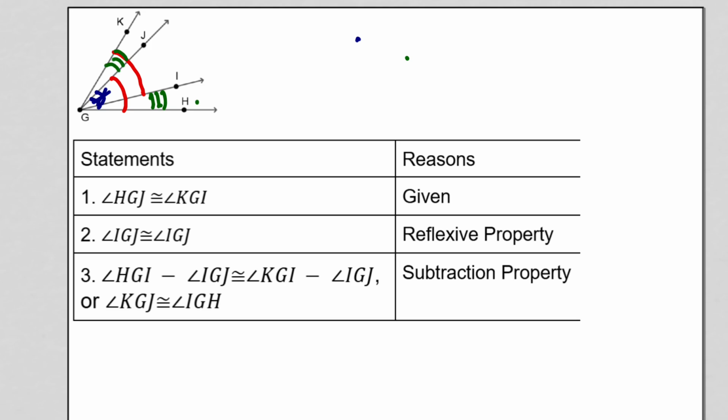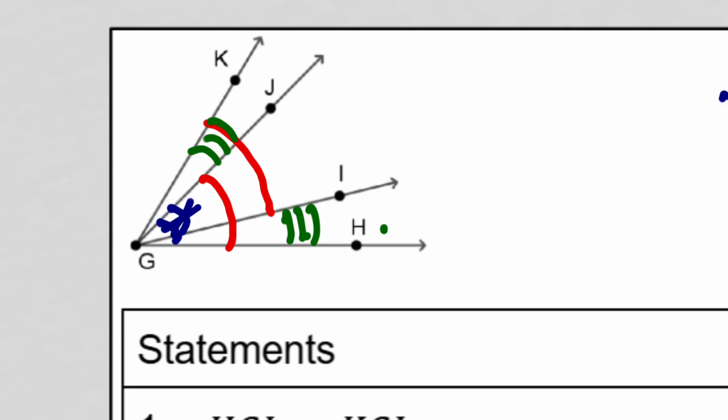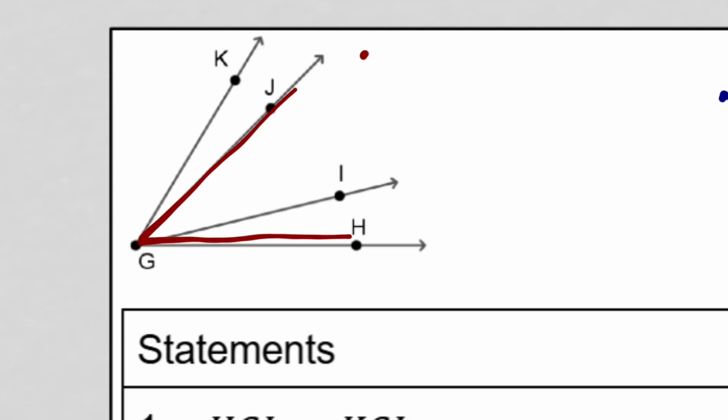If you're having trouble understanding this, I think if I gave you this picture, and I get rid of all this, and I gave you specific information, like I said that this angle here was 70 degrees, and this angle here was also 70 degrees.